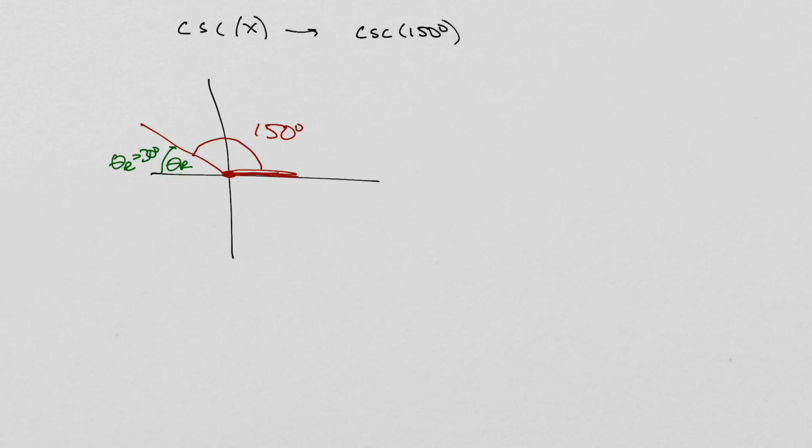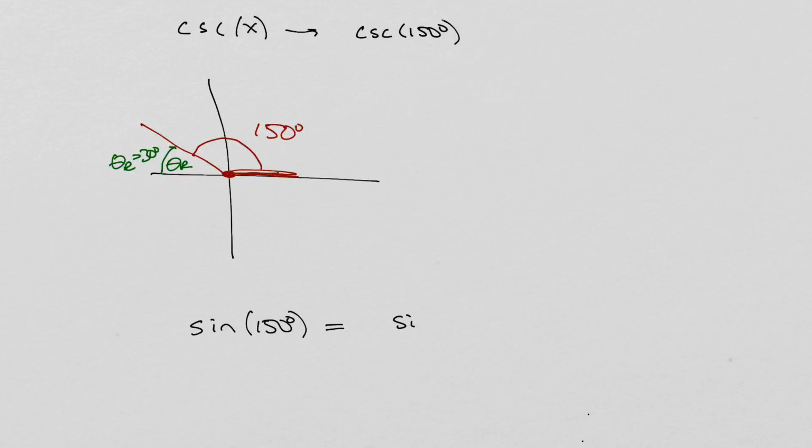Let's find, well, the reciprocal of cosecant is sine. So to find cosecant of 150 degrees, let's go ahead and find sine of 150 degrees and then flip it over.